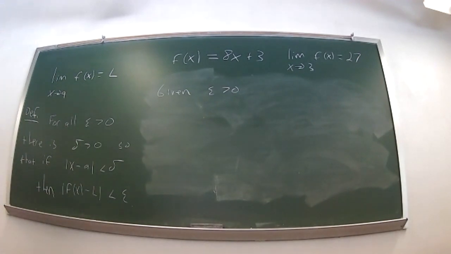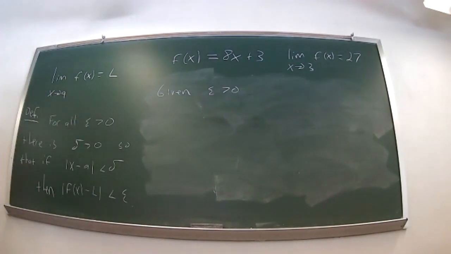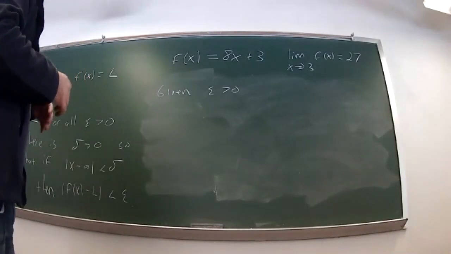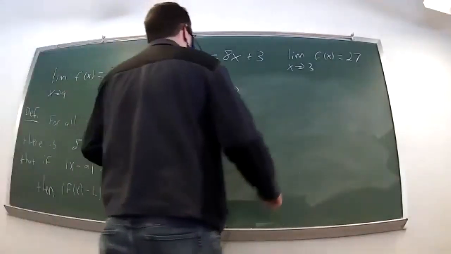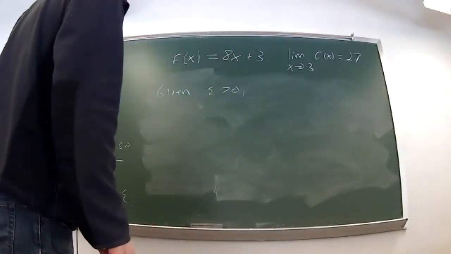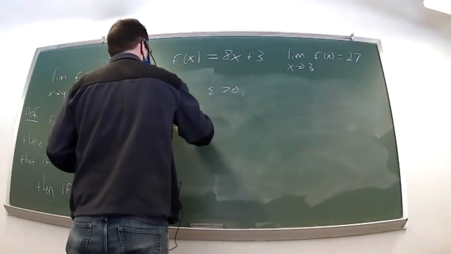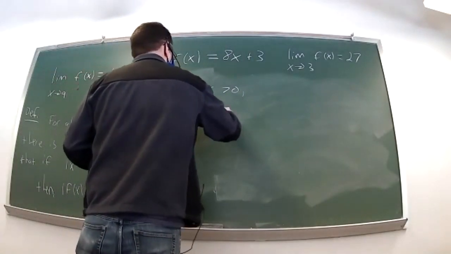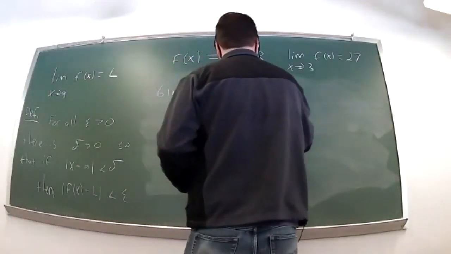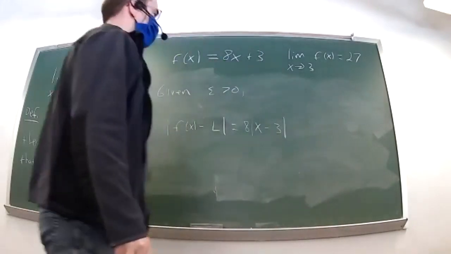But given some positive number epsilon, representing the distance from which y could be to the limit, how can we find delta? So what you would do is you would go back and look at f of x minus L, and plug everything in and you'd find out that this was 8 times x minus 3, just like before.